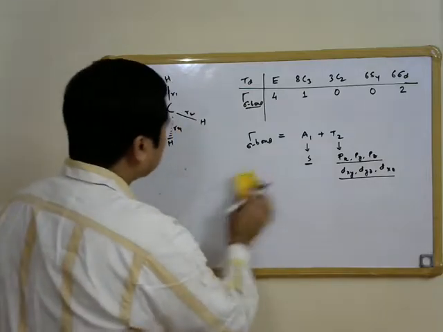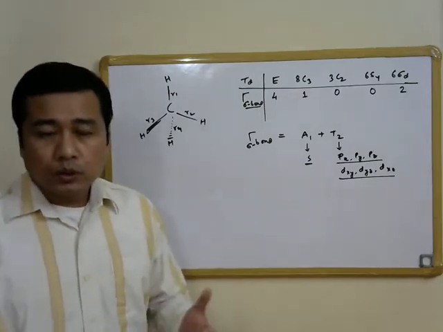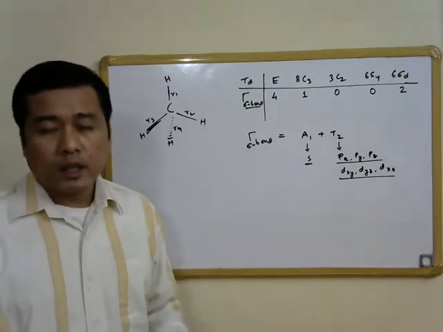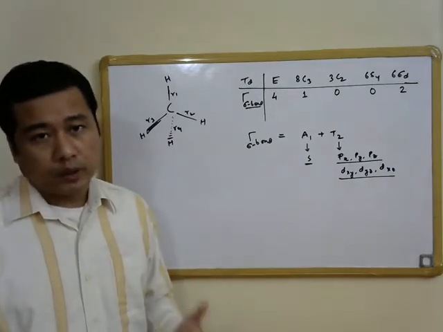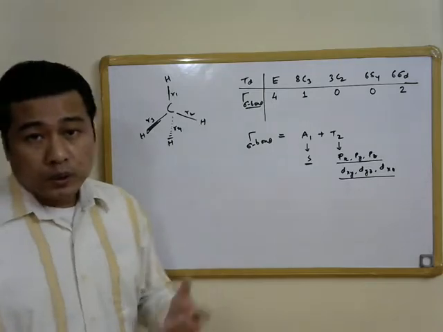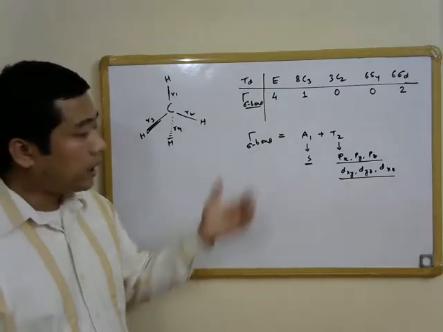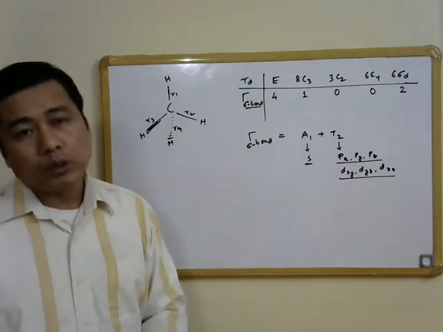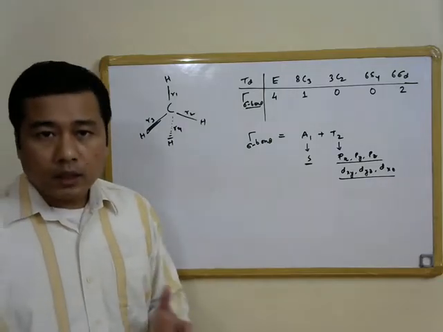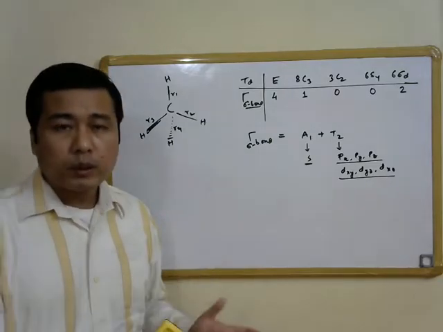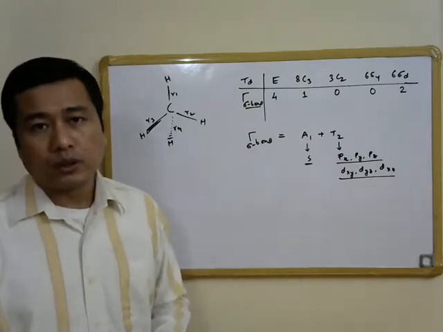You can do this exercise for molecules of other symmetry. For example, you can take a square planar molecule, an octahedral molecule, as well as a trigonal bipyramidal molecule, take the sigma bonds of these molecules as the basis, find the reducible representation, and once you find the irreducible components of this reducible representation, you will know exactly which combination of atomic orbitals can give those geometries.